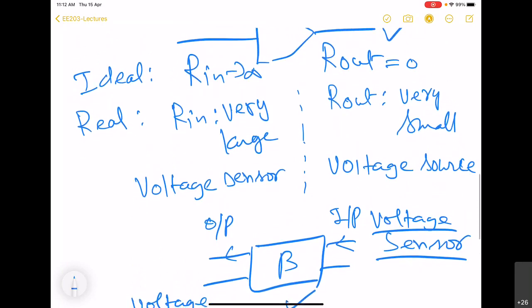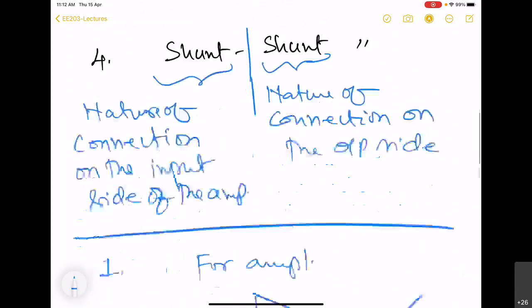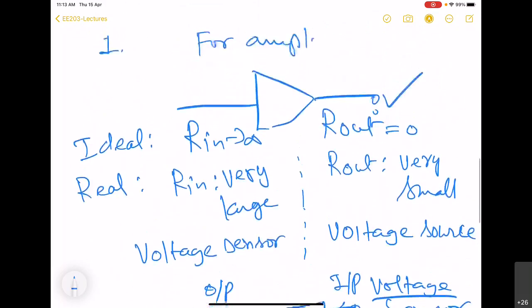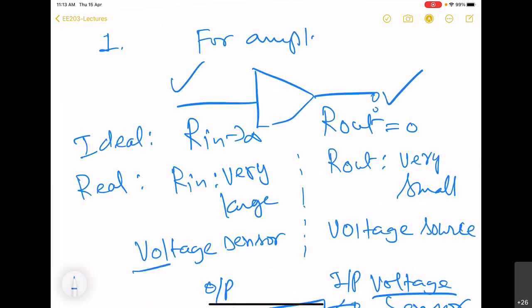So we know that this connection of the feedback network to the output of the amplifier has to be in parallel. That is why we have this shunt connection on the output side of the amplifier. And this feedback network on the output side is going to act like a source. This source will be connected to the input of the amplifier, which itself is going to sense voltage.